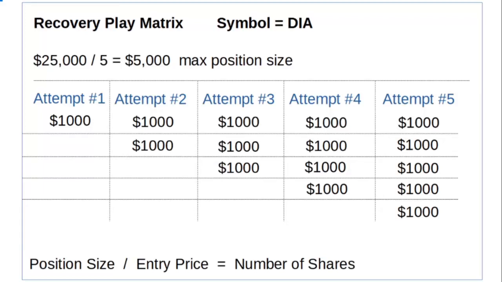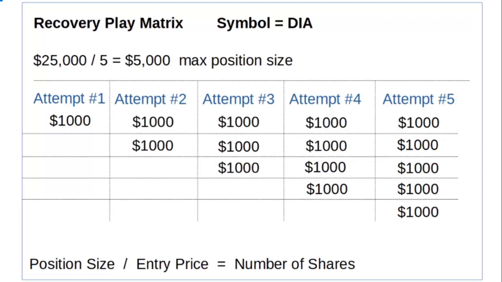Another symbol may stop out twice on you, right? As long as the symbol is in the list, we're expecting it to recover at some point in time. So you go on attempt number 3, right? Your position is 3 times the size of your original position. You follow me?